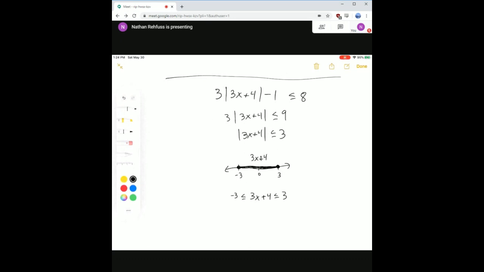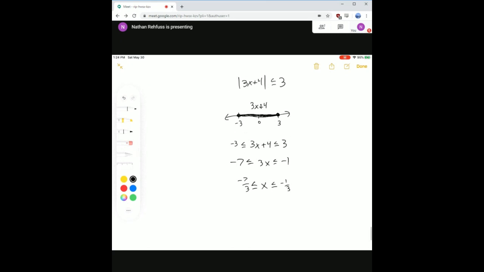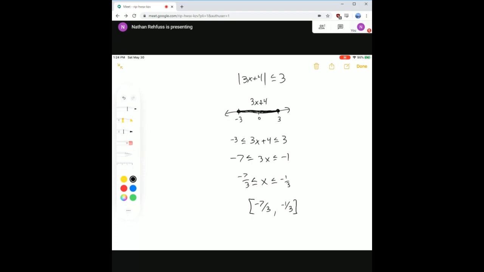So then I subtract 4 from all 3 sides. And then I divide all 3 sides by +3. So the signs don't flip here. x is between -7/3 and -1/3. And that's your inequality.